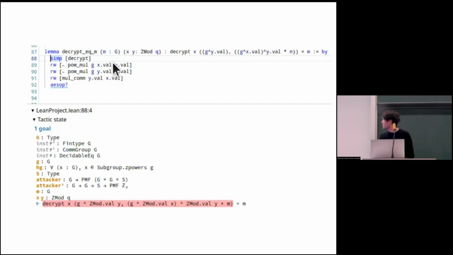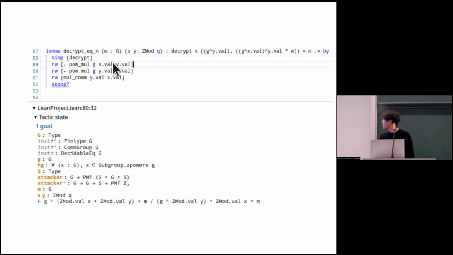Here we replace the definition for decryption of ElGamal with this definition, and you see that what you have to prove changed. Then we use a lemma from the standard library to rewrite the code into something else. And we do this several times, so far very manual.